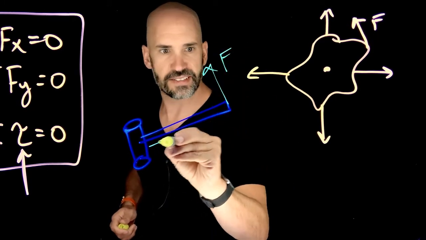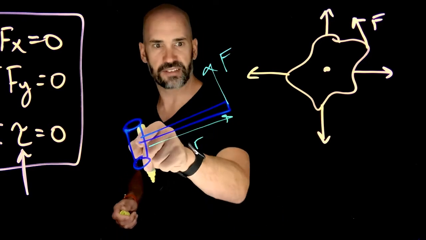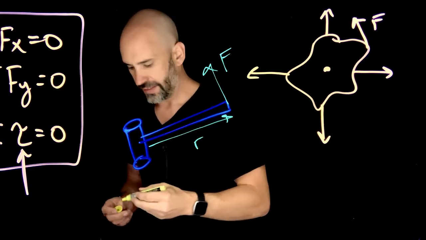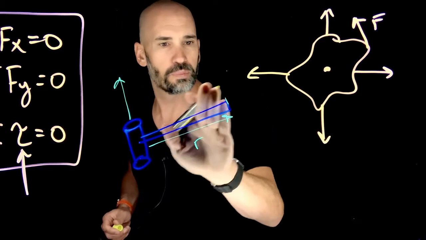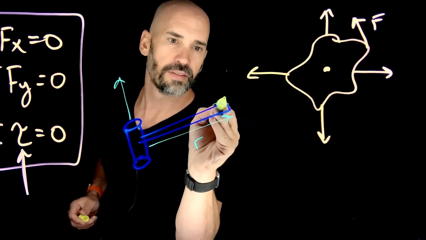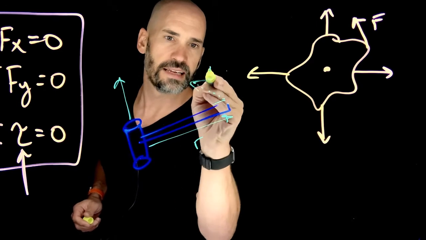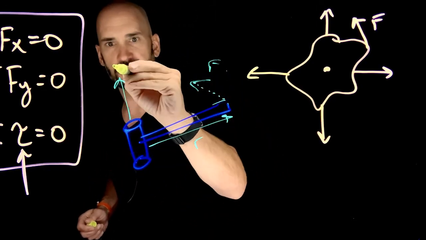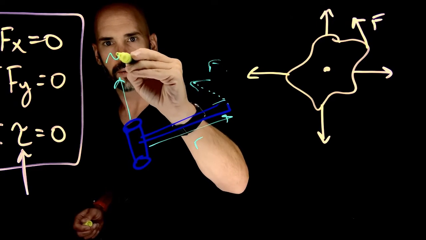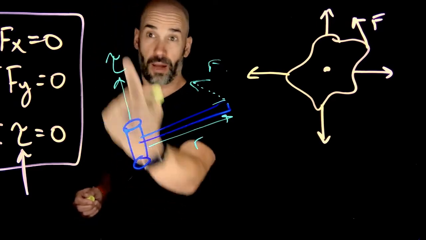So if there's a distance r away from this axis of rotation, right, then the torque, and I just want to try to be clear here, this force is in this plane, right? It's going into the board, whereas this torque is going literally up, okay?